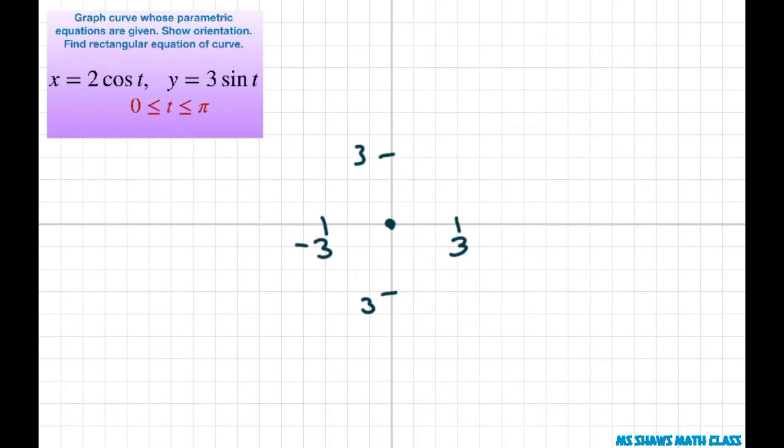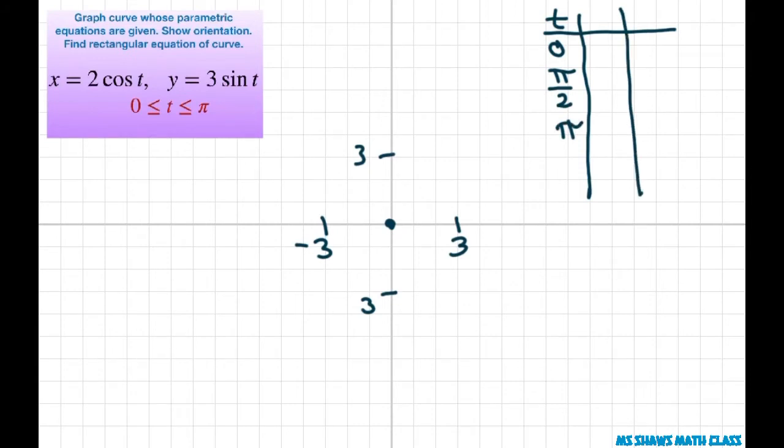We're going to use our parametric equations. So basically, let's use this table of values. I'm going to use t, and I'm going to use 0, pi divided by 2, and pi. That's where we're stopping. And find out what our x values and our y values are. So at 0, we have 2 cosine of 0.